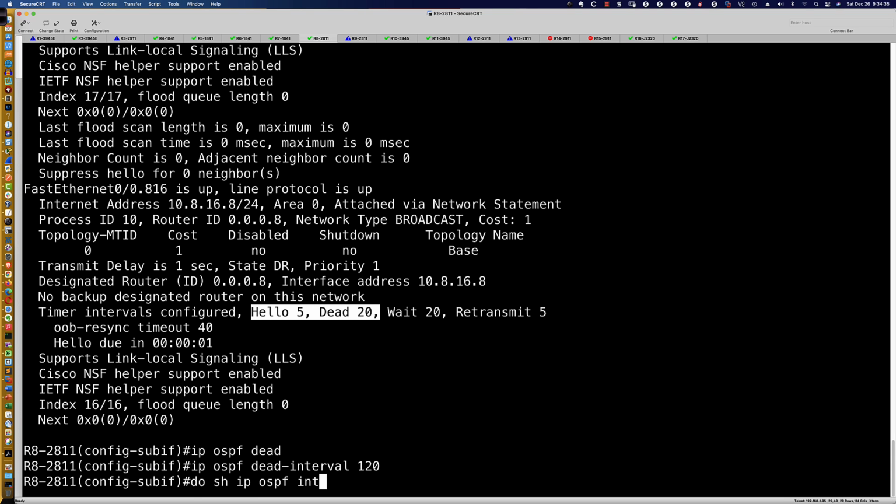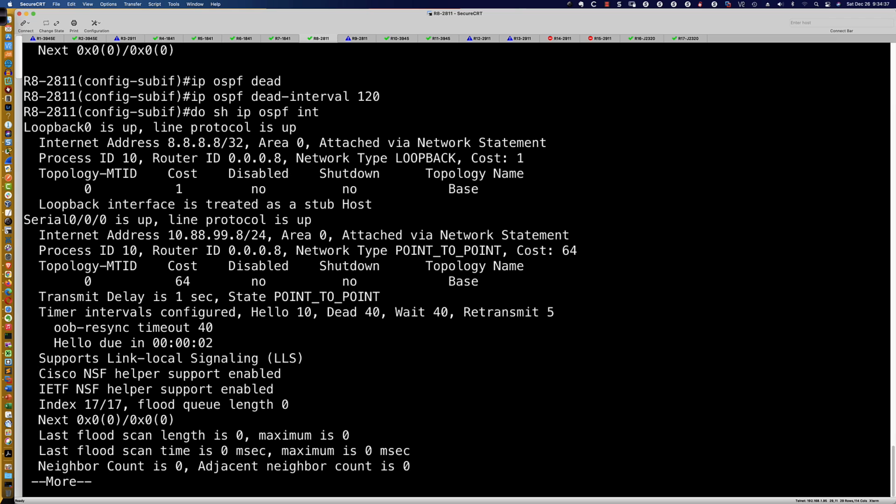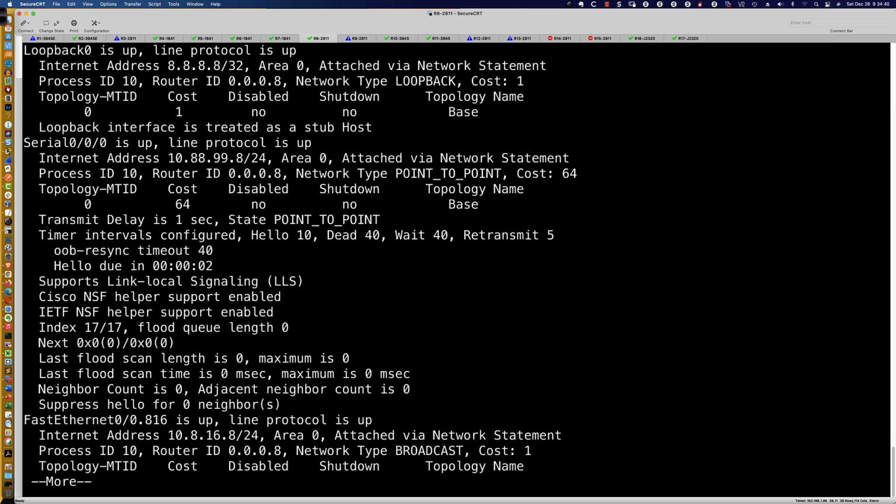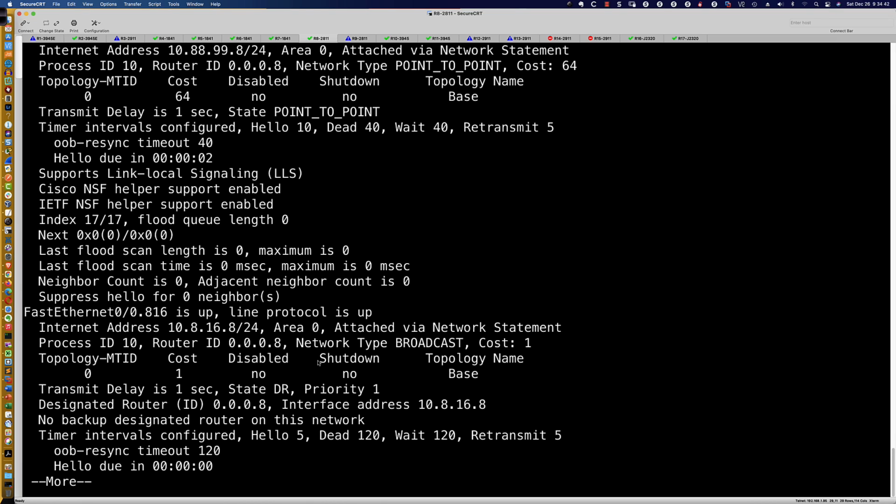Well, let's check it out here. Do show IP OSPF interface. We come down to FastEthernet 0/0.816, and no, it does not. But the wait timer will match the dead timer. You see how that happens.